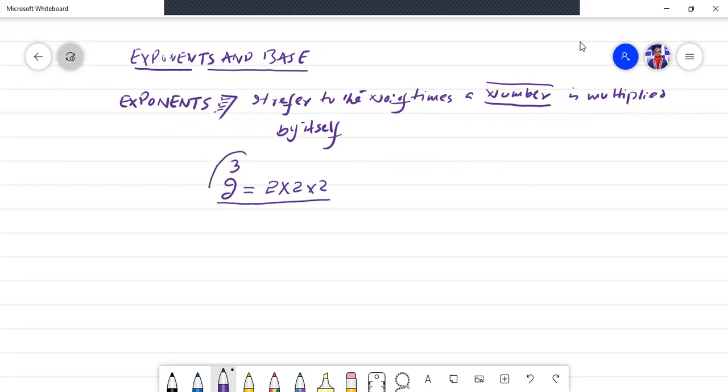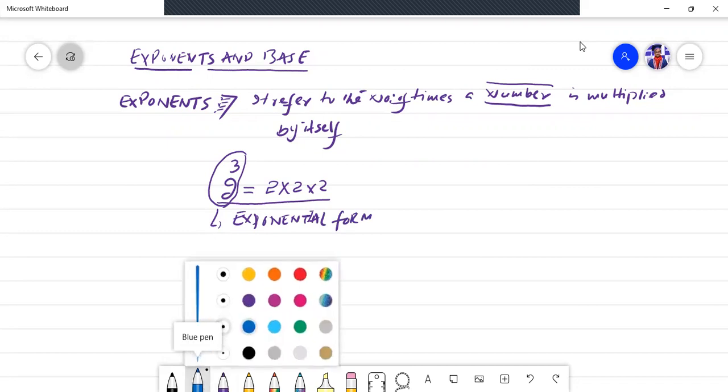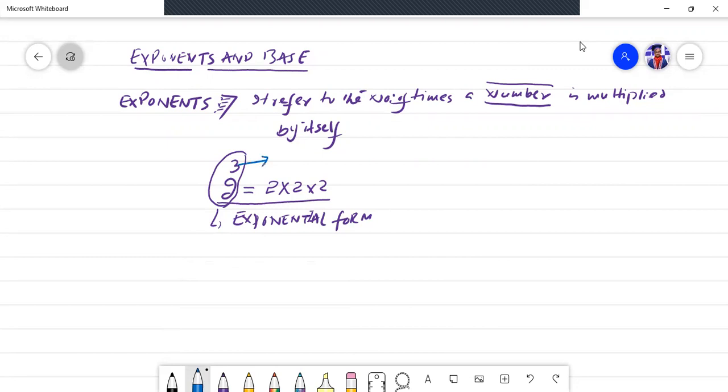This whole term is known as exponential form. And this 3 is your exponent.